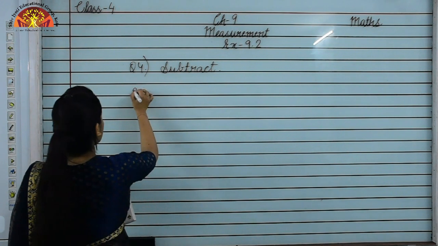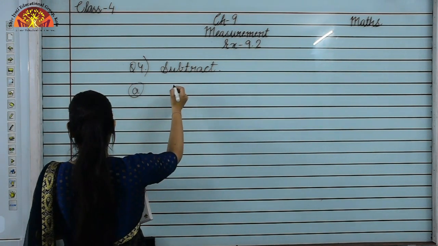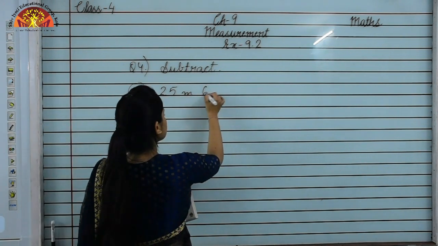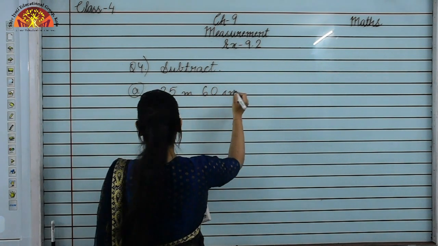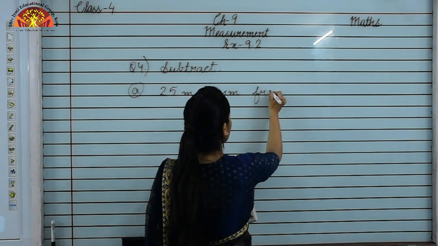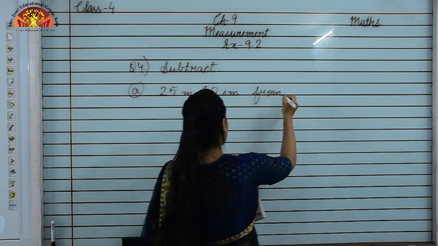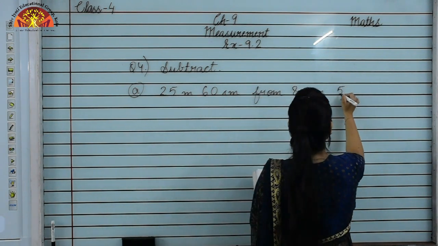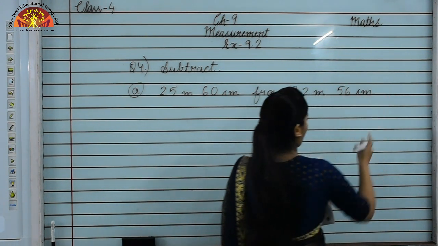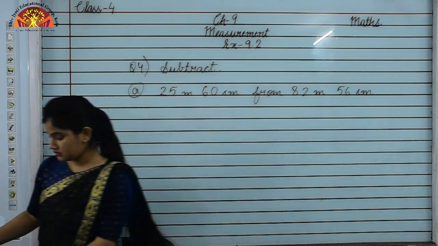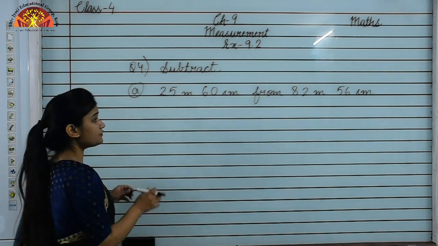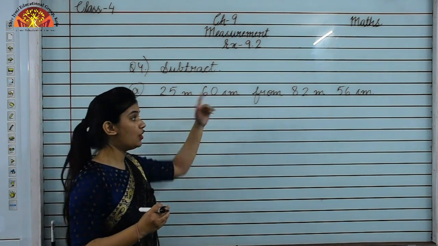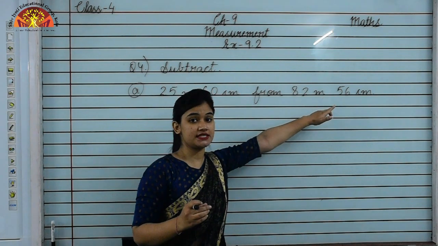We are taking A part of this question. 25 meter, 60 centimeter from 82 meter and 56 centimeter. Okay. So students, we have to subtract 25 meter, 60 centimeter from 82 meter and 56 centimeter.